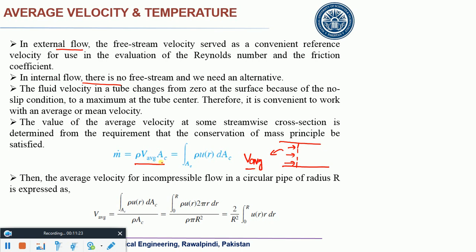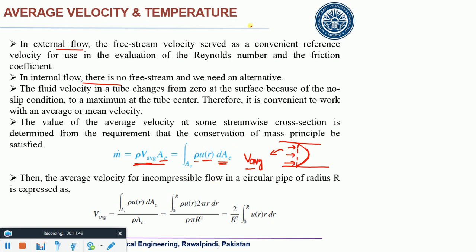Okay, so rho V average into cross sectional area should be equal to the actual mass flow rate, isn't it? This actual mass flow rate is dependent on u(r), because u is a function of r: you take the integral of rho u(r) with respect to dAc, a small cross sectional area.